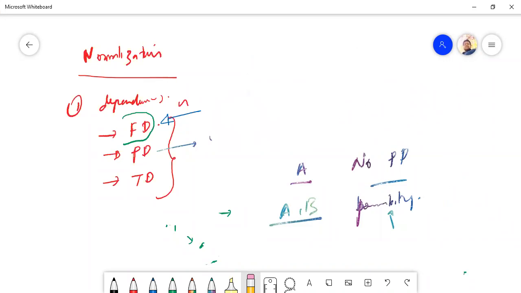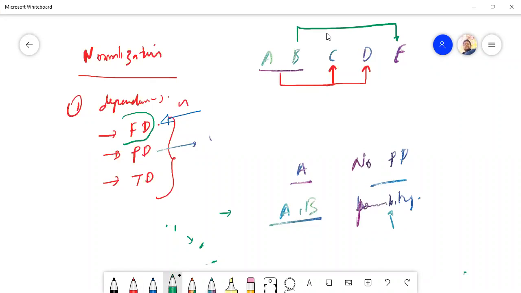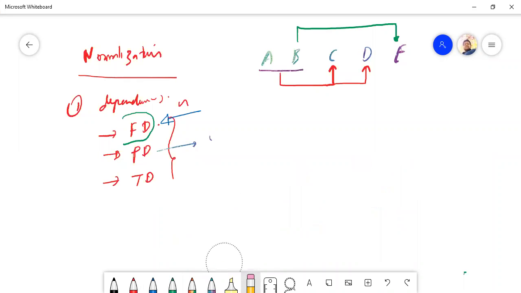I'll just do some recap. Say A, B, C, D, E. A and B are the primary key, a composite primary key. C, D, and E depend on it.